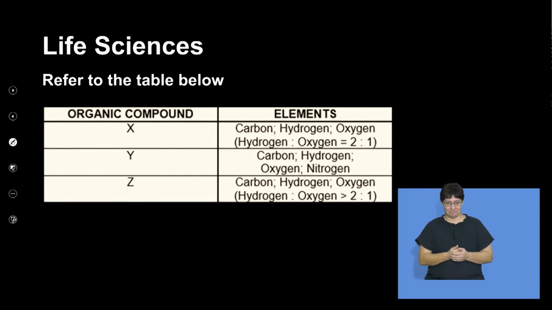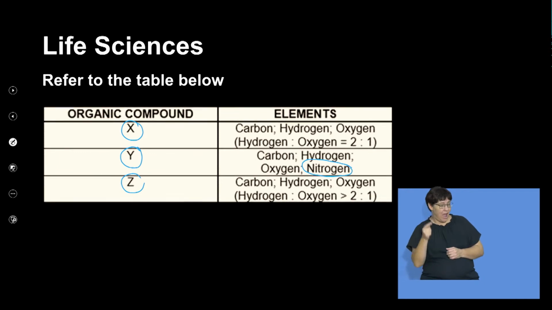Right, here we have a table, and it doesn't tell us what compounds there are. So there are organic compounds. We've got an X, a Y, and a Z, and it tells you the elements. Carbon, hydrogen, oxygen; carbon, hydrogen, oxygen, nitrogen. You're thinking, oh, what is that? And it tells you something specific after each one.